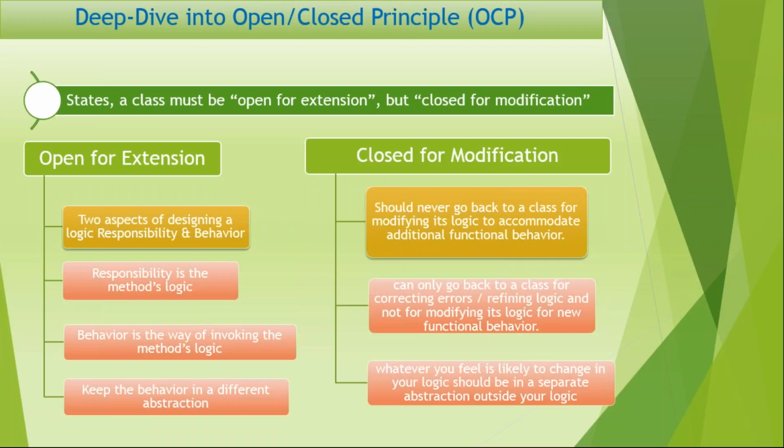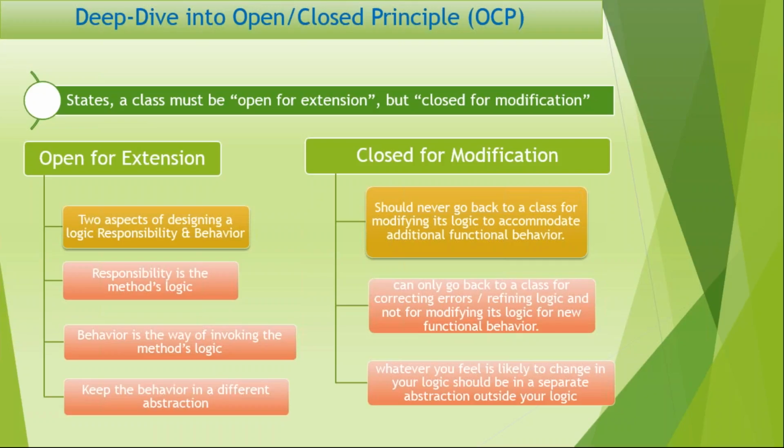That means once you have implemented your class with a number of methods, let us say responsibilities, you should not make changes to that class. Please remember, when I say do not make changes to the class, it doesn't mean you should not fix bugs. I'm not talking about defects you introduced when implementing your business requirement.